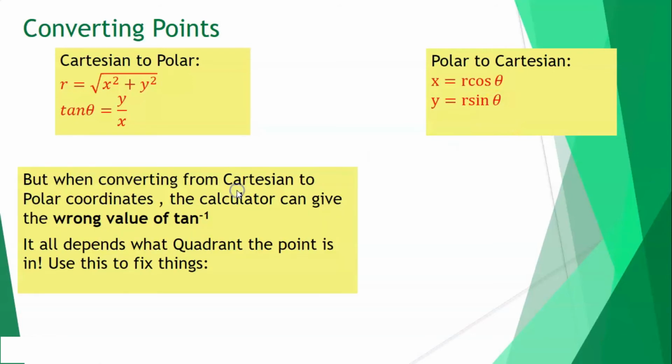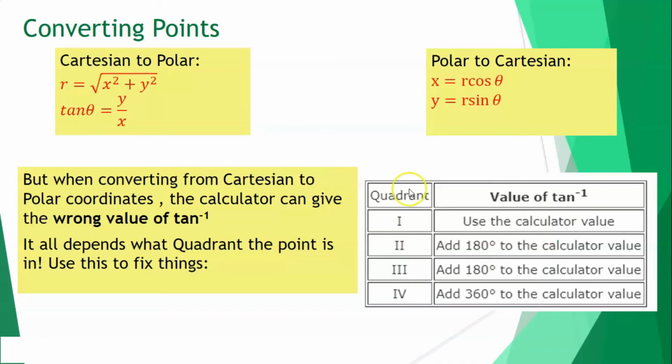Now take note, when converting from Cartesian to polar coordinates, the calculator can give the wrong value of inverse tangent. It all depends on what quadrant the point is in. To fix this, we have to make use of this. If the point is located in the first quadrant, whatever value the calculator gives, you use that.